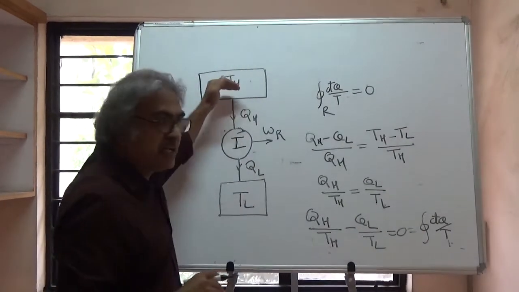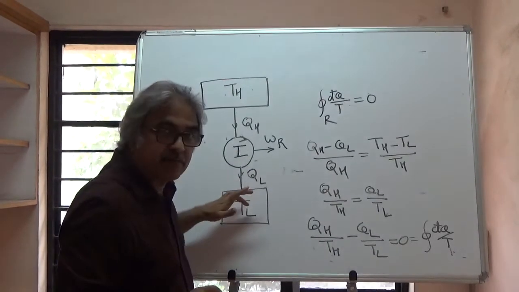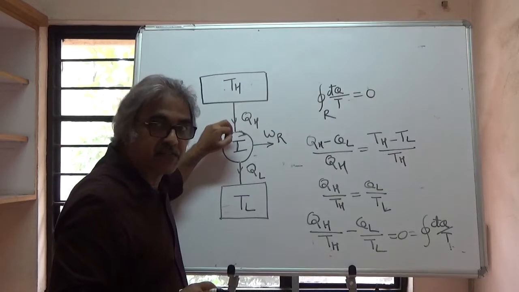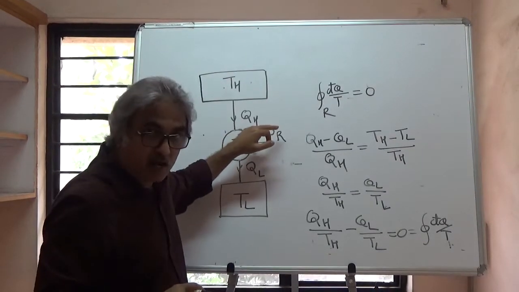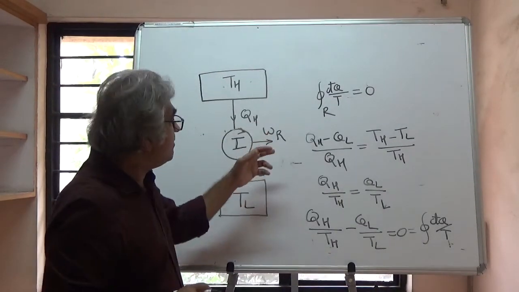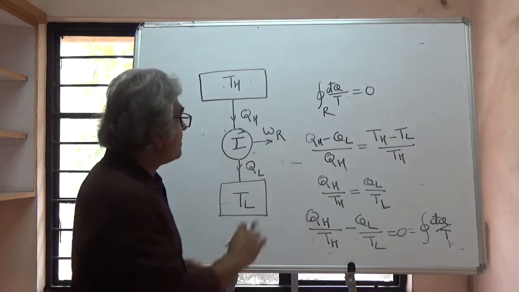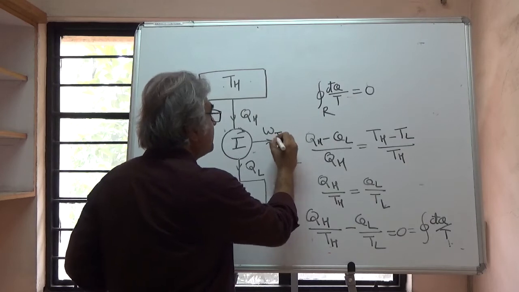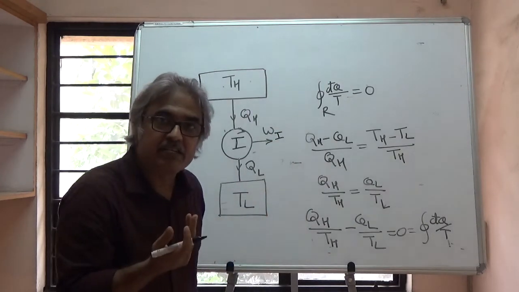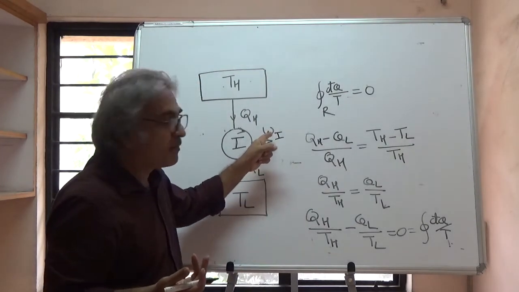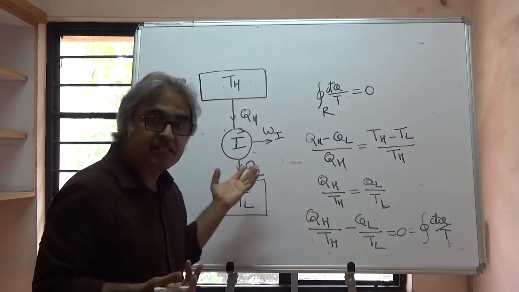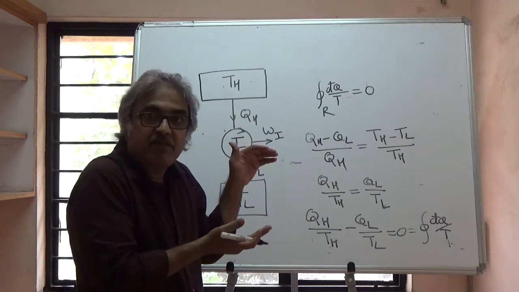Now see, for an irreversible engine operating between the same temperature limits, if the same amount of heat is transferred, the work output will be different, right? That means it won't be WR but WI, the work output of an irreversible engine. Obviously this WI will be less than WR. Why? Because this is an irreversible engine operating between the same temperature limits.